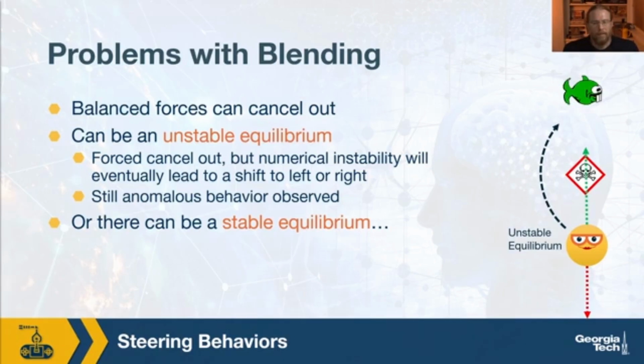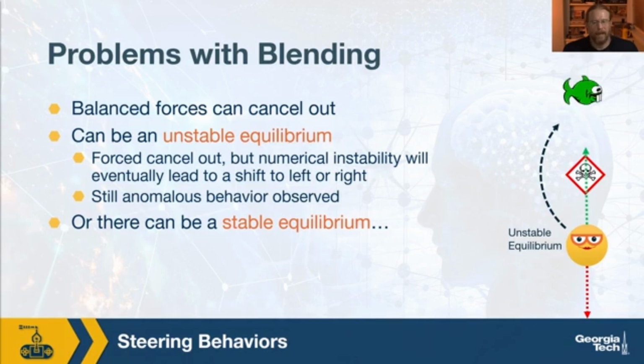So there are problems that you run into with blending. You don't always get the sort of ideal scenario that was shown in the first example. You can have your forces balance out, like shown in this figure. And so in this case, both the goal and the danger are in the same direction relative to the agent.